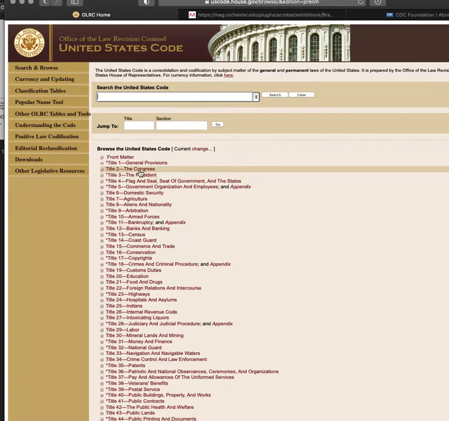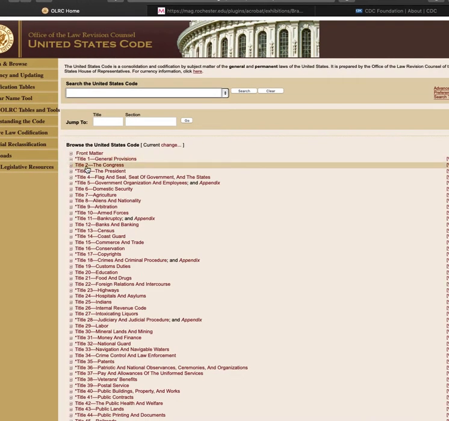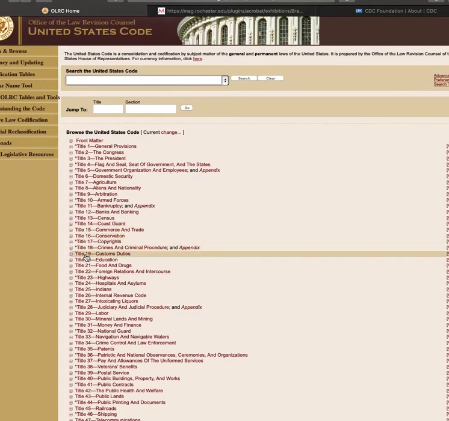That's all any of these non-positive things are, businesses, organizations. And the reason why, in my opinion, Title II, the Congress, is not positive law is because they're not running themselves the way the Constitution says. They're unconstitutional. Customs, education, food and drugs, foreign relations, etc. If you go to highways, I've not found a positive law citation in Title 23, even though it has a positive law citation.